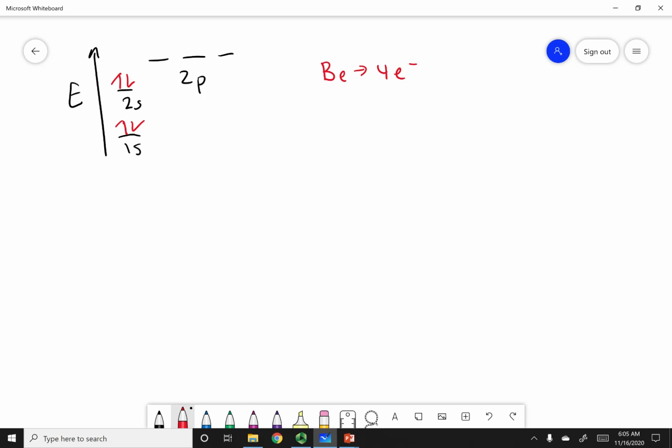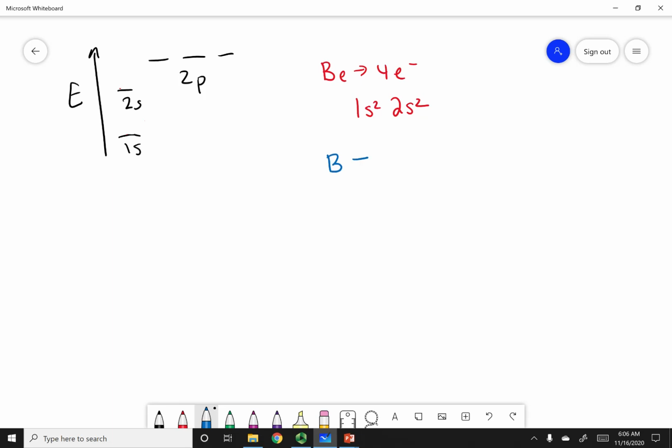What you will notice is every orbital is going to get 2 electrons. So the electronic configuration for beryllium is going to be 1s2, 2s2, because it has 2 electrons in the 1s orbital and 2 electrons in the 2s orbital.